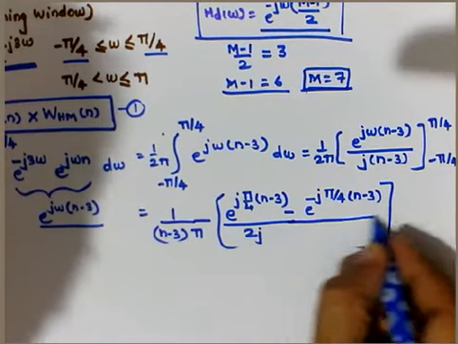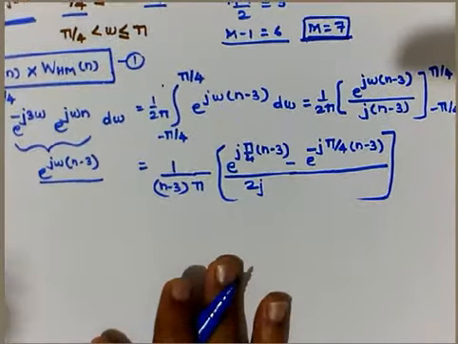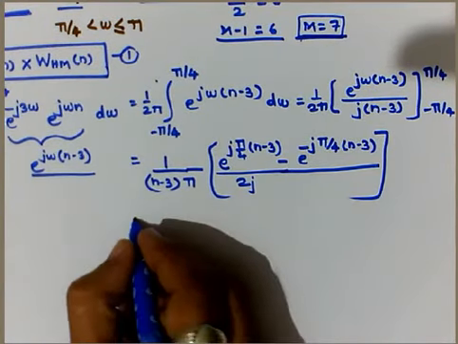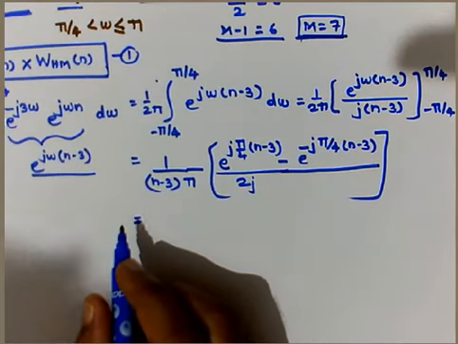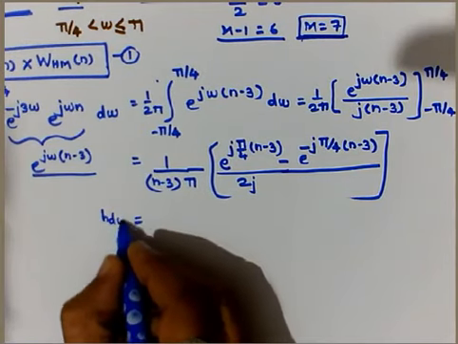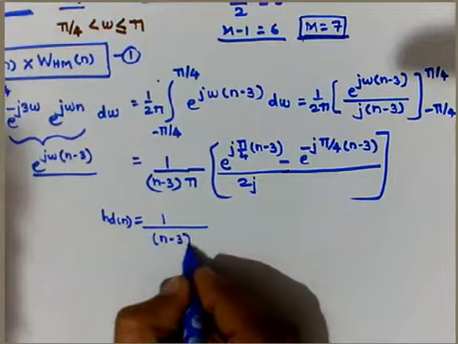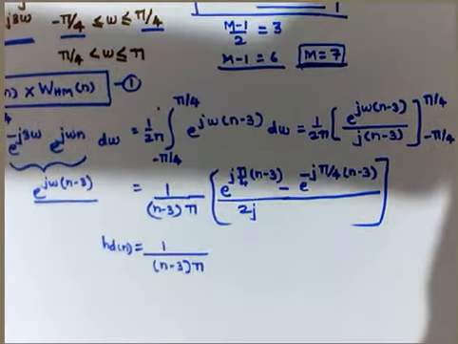This is how it is simply readjusted. Now once we simplify this equation, it is nothing but hd of n equal to 1 upon n minus 3 into pi. Let me just readjust.